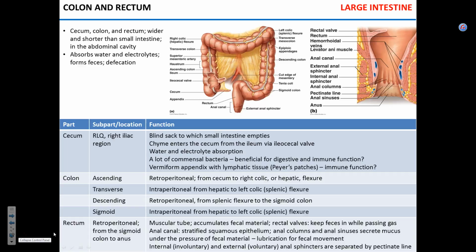Okay, let's move to the rectum. Colon first, but then rectum. Anatomically, when the small intestine is over, now 3 parts of the small intestine, can anyone name them? Duodenum, jejunum, and ileum. In this order, okay?